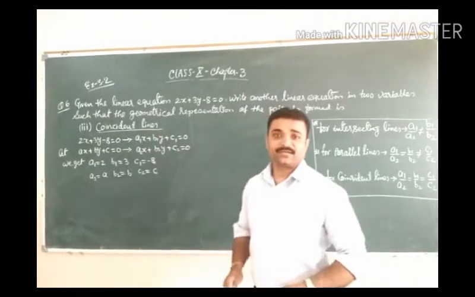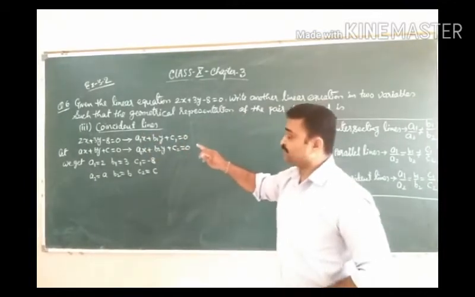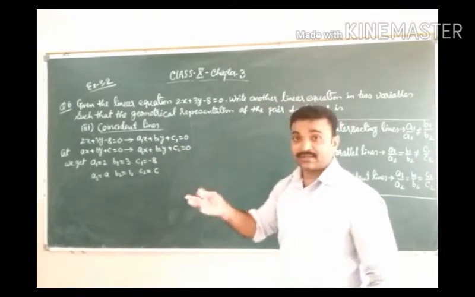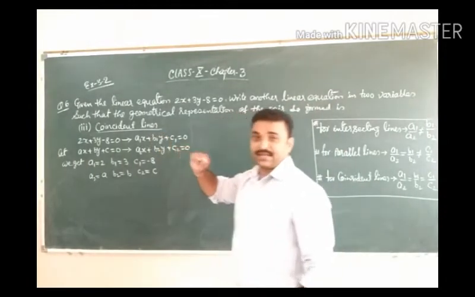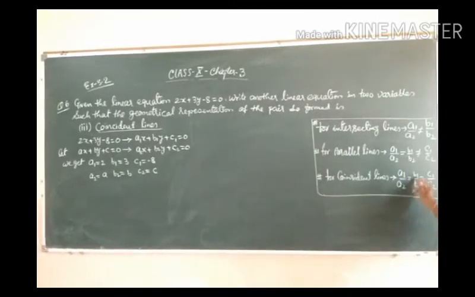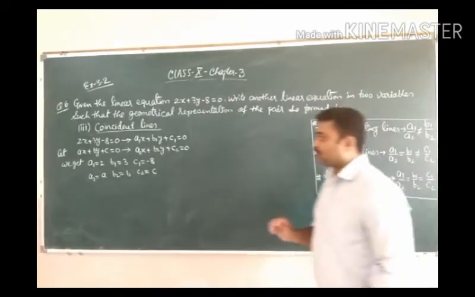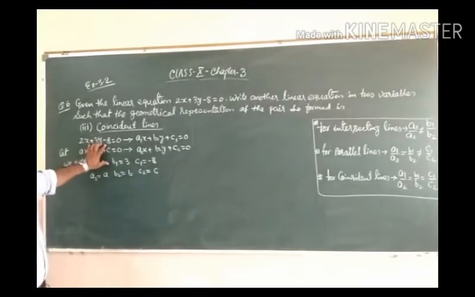Student, third part is very easy. We have to find coincident lines. That means we have to find another line which is coincident. And the condition for coincident lines is a1 upon a2 is equal to b1 upon b2 is equal to c1 upon c2. Now, here we are given 2x plus 3y minus 8 is equal to 0.